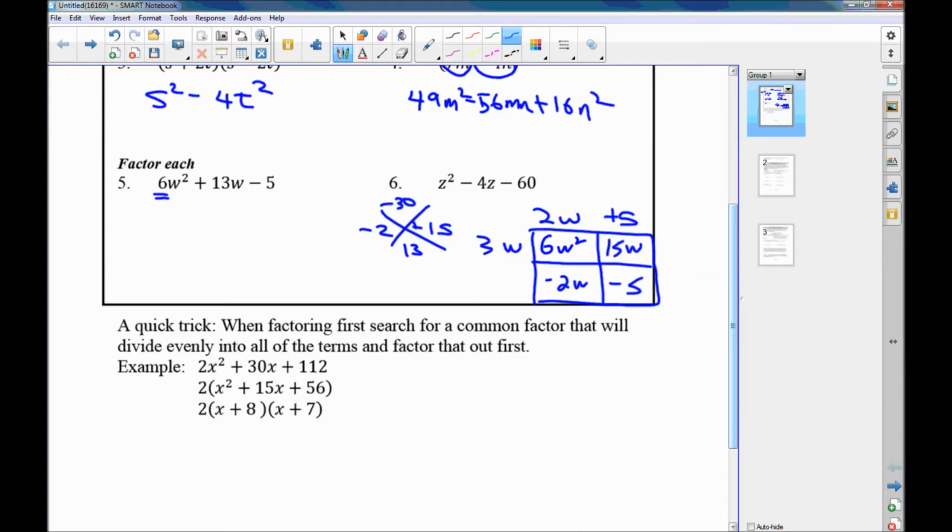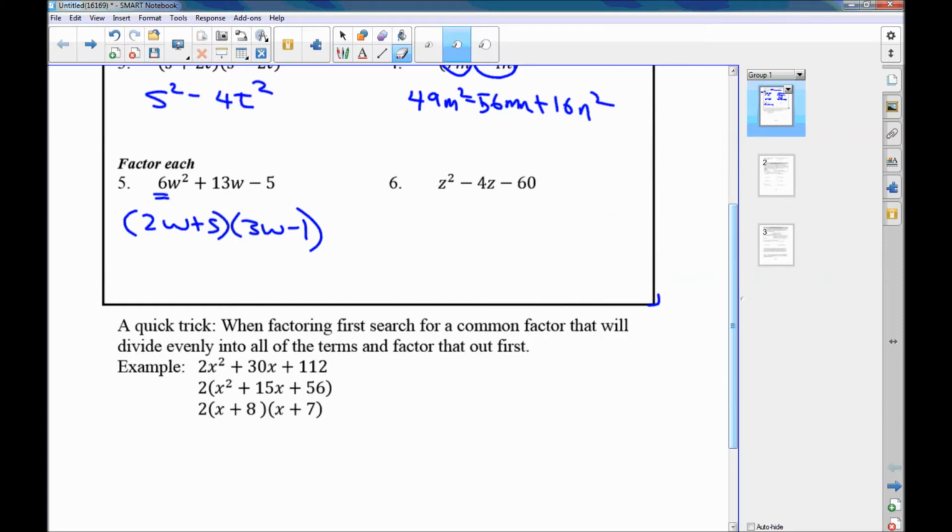And then we need negative 1 times positive 5 to make negative 5, and negative 1 times 2w will make negative 2w. So this will factor into 2w plus 5 and 3w minus 1. And this was scratch work, so we'll just erase it.